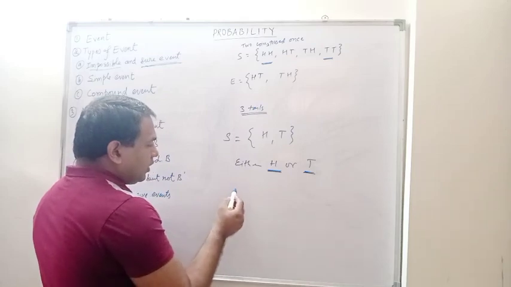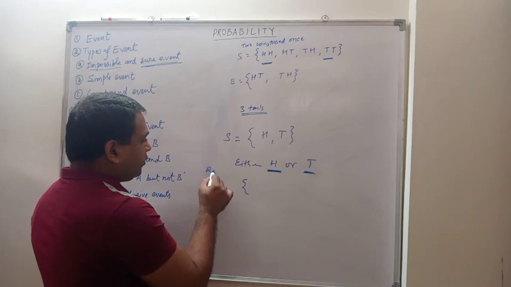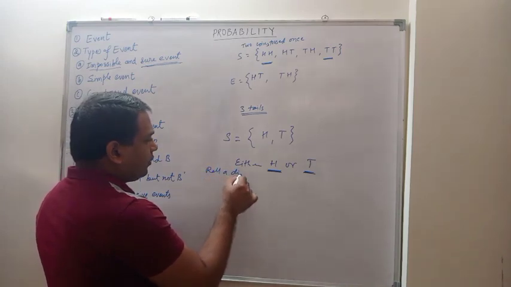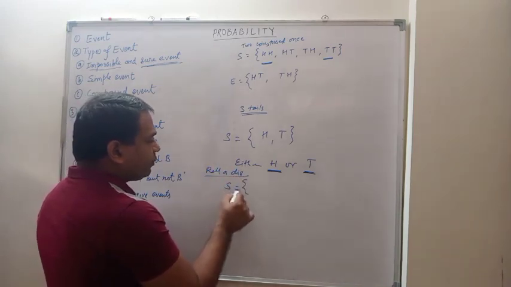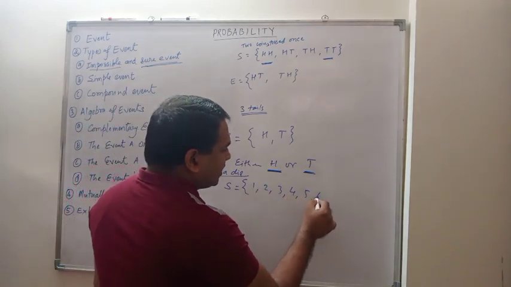I'll take another example, the die. If I roll a die, then the sample space would be 1, 2, 3, 4, 5, 6.